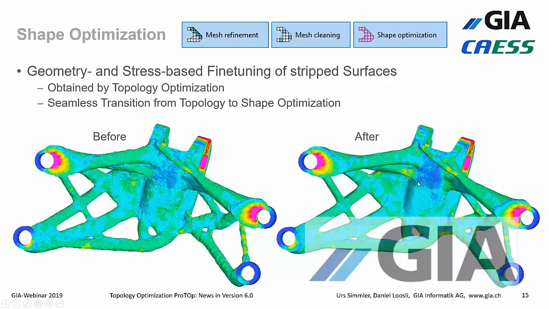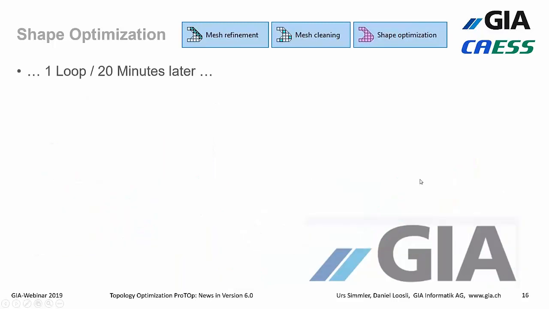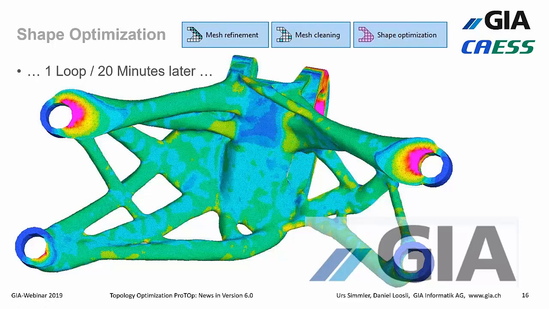And I think that's a big, big, big advantage of the new version. And when you bring in shape optimization, the components in ProTop are looking like that. So here you can see I have nearly perfect surfaces with nearly perfect stresses, and we're going to have a look at it in a few minutes.